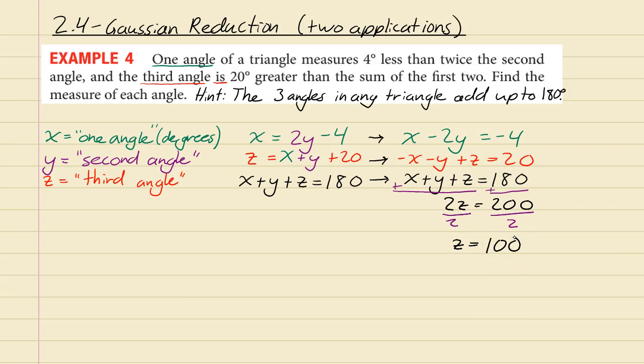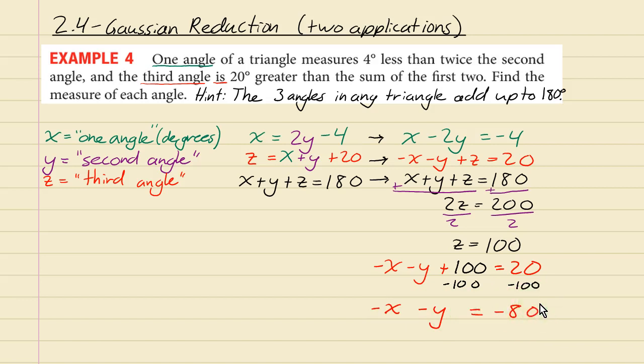Once you have z, you can plug that into the other equations to find x and y. Here's the orange equation with z equals 100 plugged in, and then you subtract 100 from both sides to get the equation negative x minus y equals negative 80.